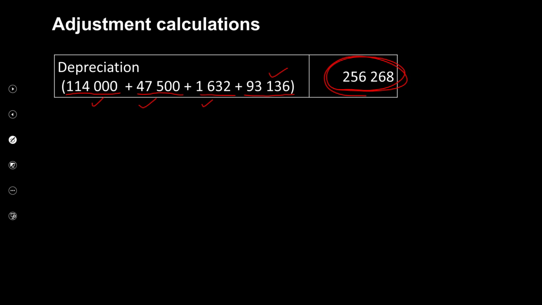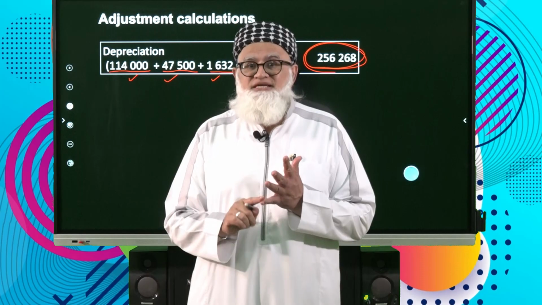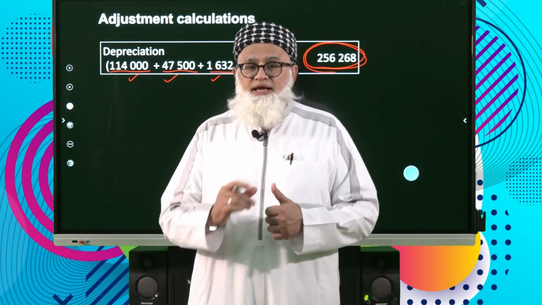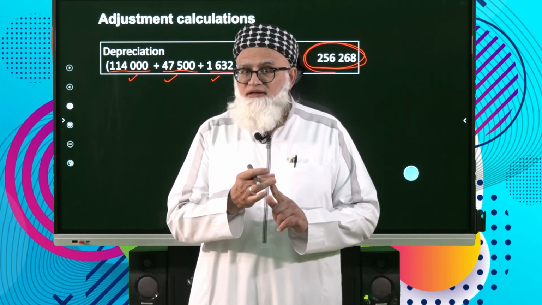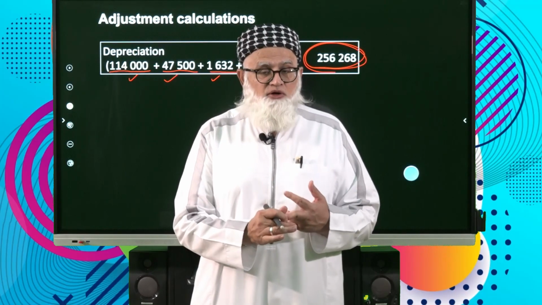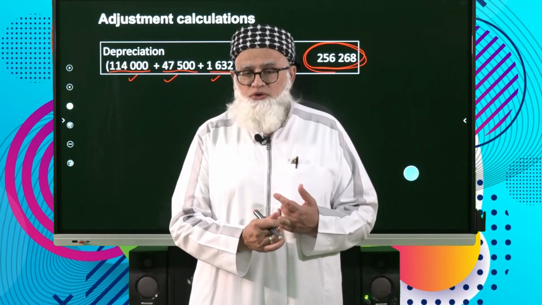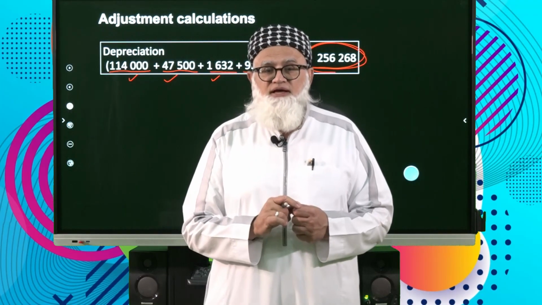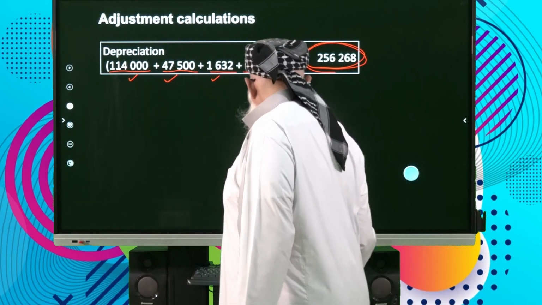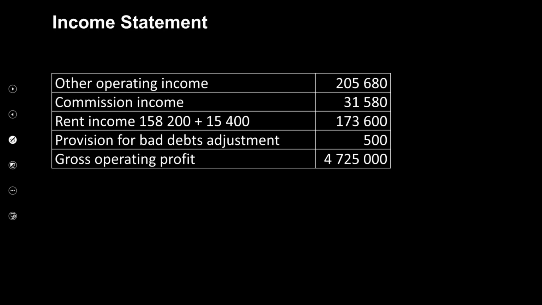So, for my statement of comprehensive income, I need my total depreciation. In this case, it was the old vehicle plus the new vehicle, the sold equipment, namely the computer, plus the unsold equipment, giving the total depreciation figure. Now, the next thing we do is look at the format of our income statement. We have our commission income, we've adjusted our rent income, and we had our provision for bad debt adjustment as an income that gave you gross operating profit.